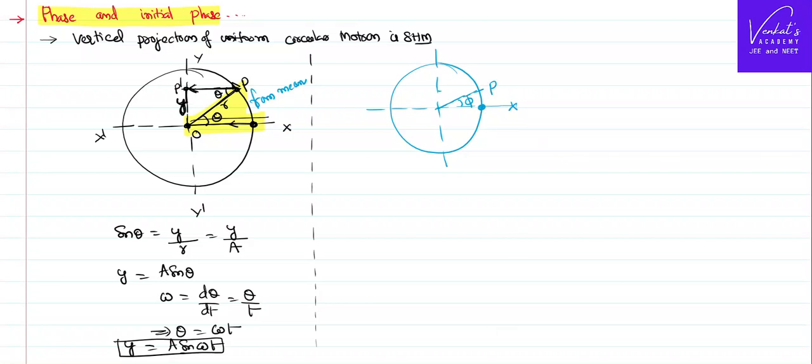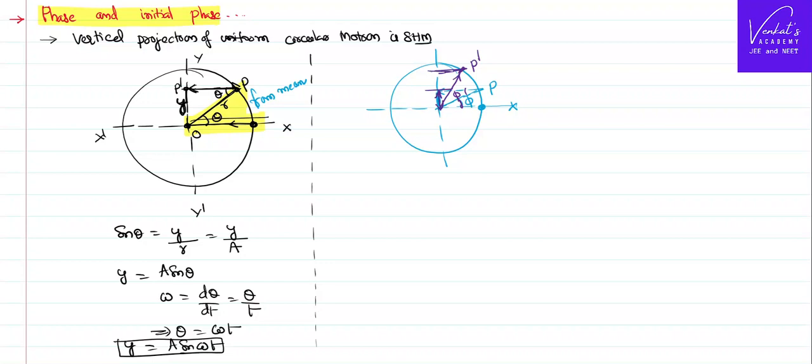That means even before you start, if you draw a vertical projection, it already has some displacement. Some position is already there, some phi is already there. You have started rotation, it has gone to another position P dash, and you draw a vertical projection. So it has not started from the origin, rather from here.